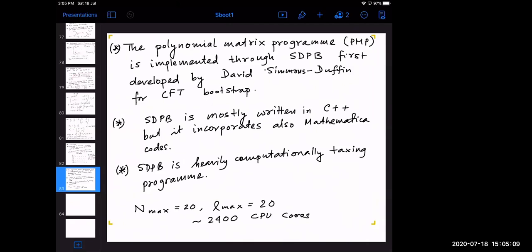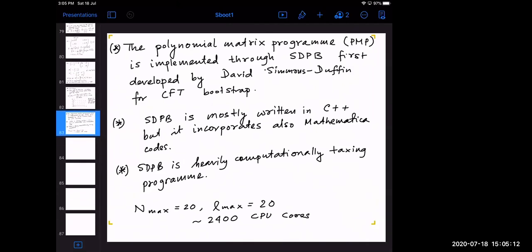Just to mention that in our recent work we also used this. I did not do any coding, but the people who did it used a very restricted setup, like 50 cores. Somehow they pulled it off.